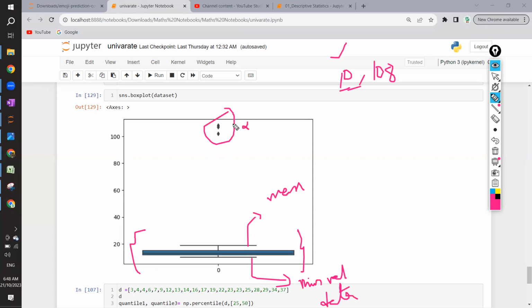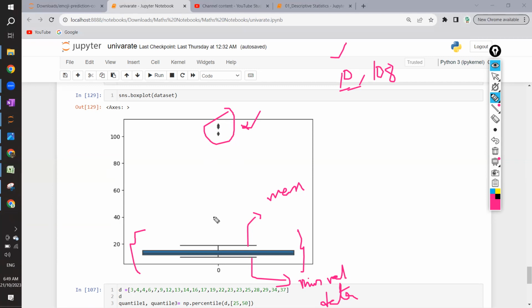But if there are outliers, then this will not be the maximum value, because above this there are some outliers. Those are the maximum values from the data set, but those are outliers. Those will also be plotted; the box plot will not leave those out. It will show those, but those will not be considered in this plot.